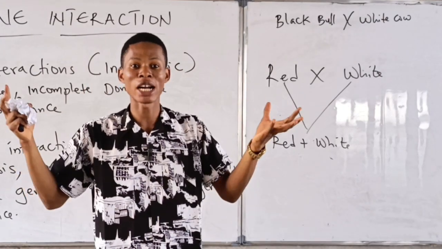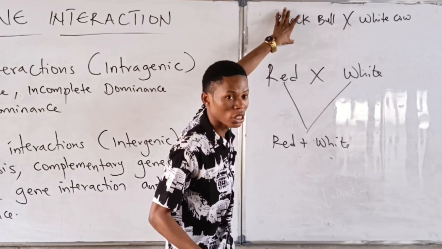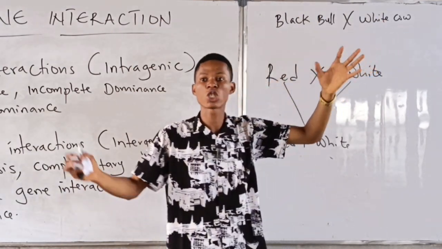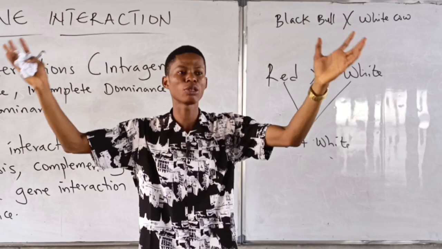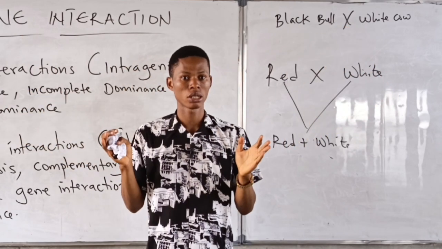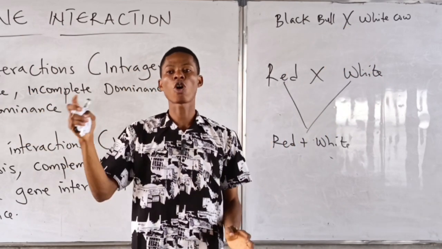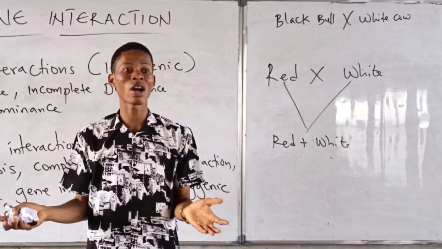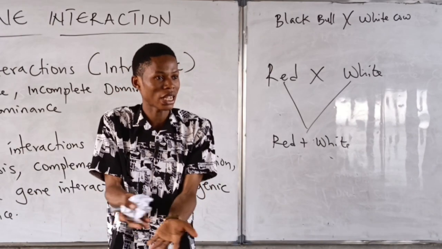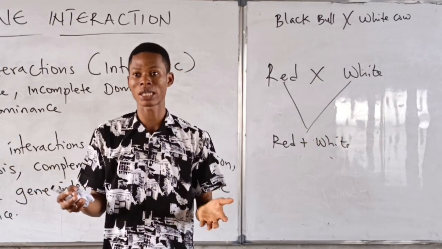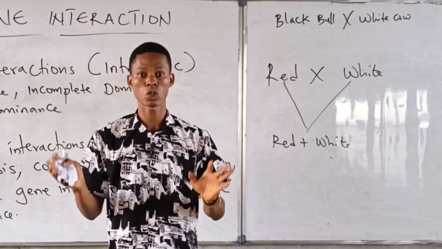Both of them are dominating, because this one is showing and this one is showing. So we call it co-dominant, meaning both of them are dominating. But in incomplete dominance, no one is dominating. You have an intermediate, a kind of mixing, a dilution of the two characters. Do you get that?